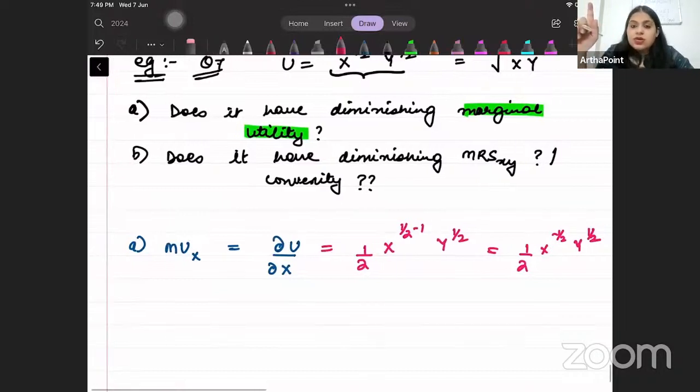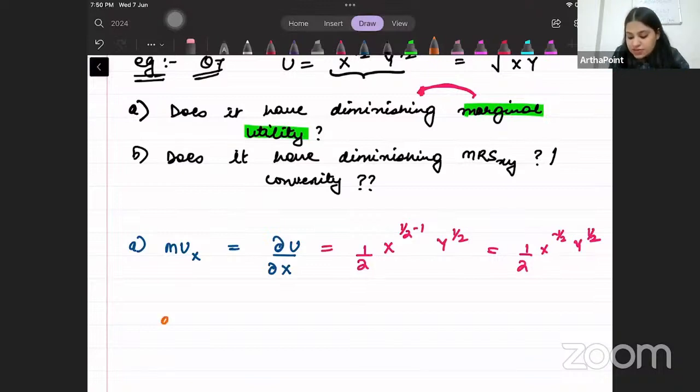Now, the question asks if this is diminishing or not. So in order to check whether something diminishes or not, we want to check how it changes as the consumption of the good changes.